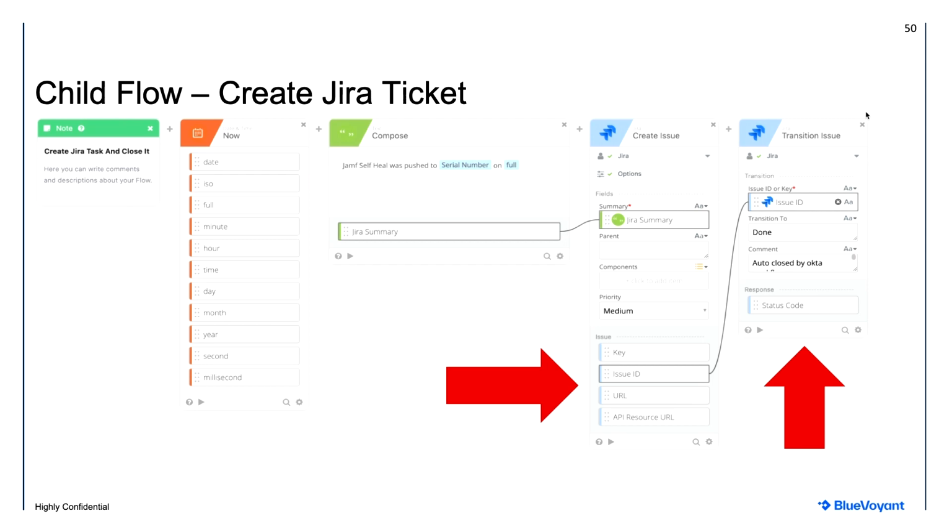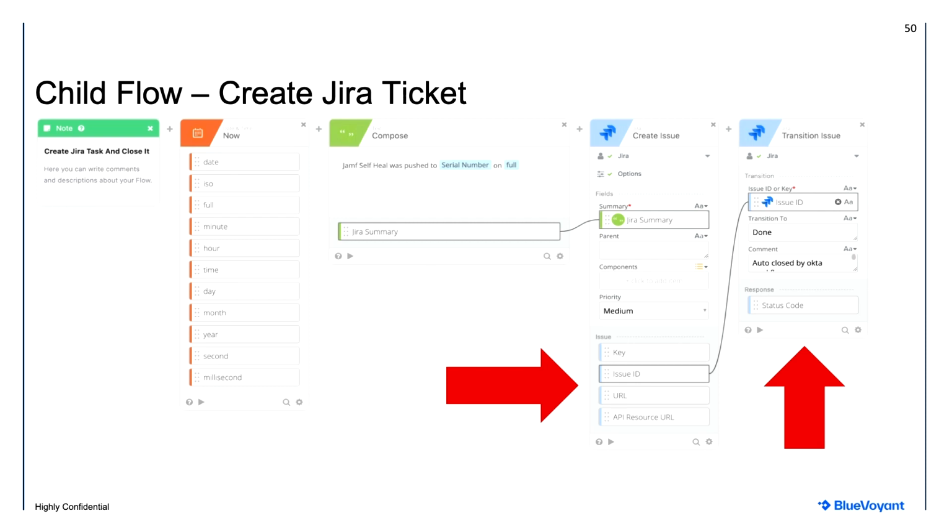And now we're going to create the logic needed to create the ticket and close it out with the information we want. So all that's left to do is, again, simply drag and drop the Jamf summary into the Jira ticket subject line under the summary field.